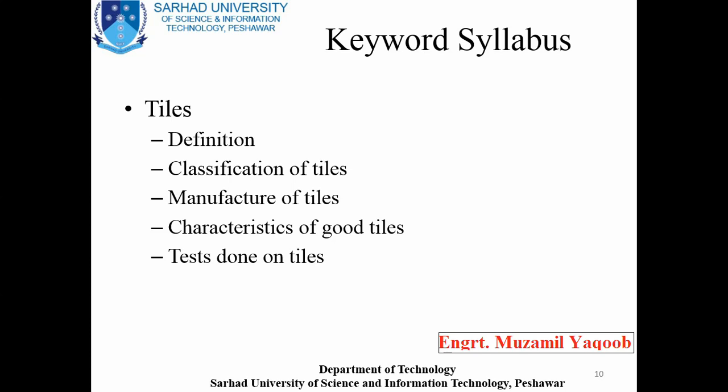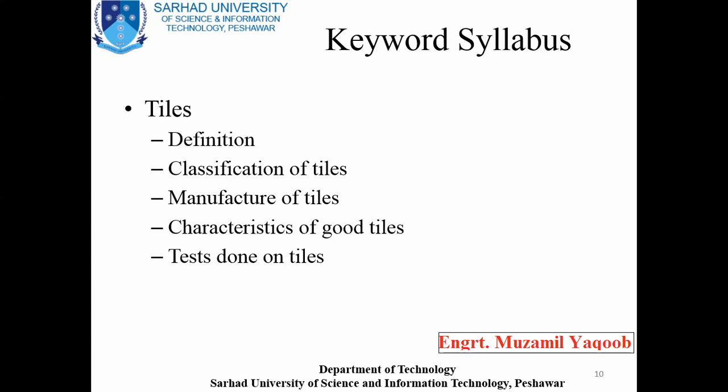The last topic is about tests done on tiles, in which we will look at the different tests. For example, ceramic tile testing. The factors we will focus on, the first one is dimensions and surface quality, water absorption, breaking and its rupture point.